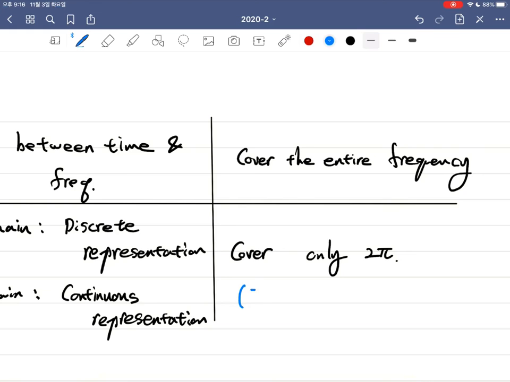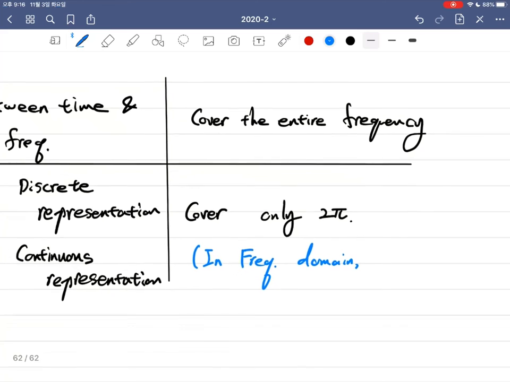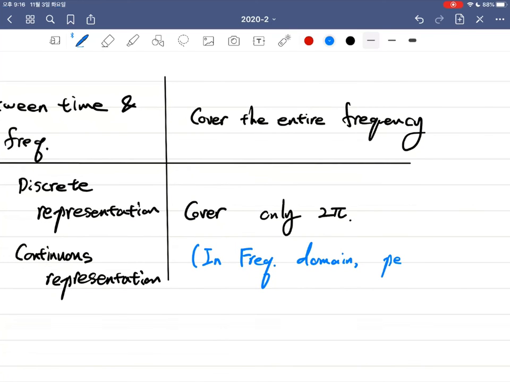And therefore in the frequency domain, the period exists.